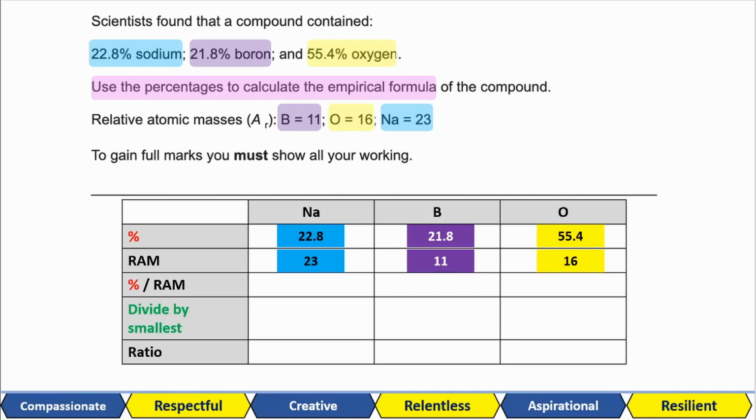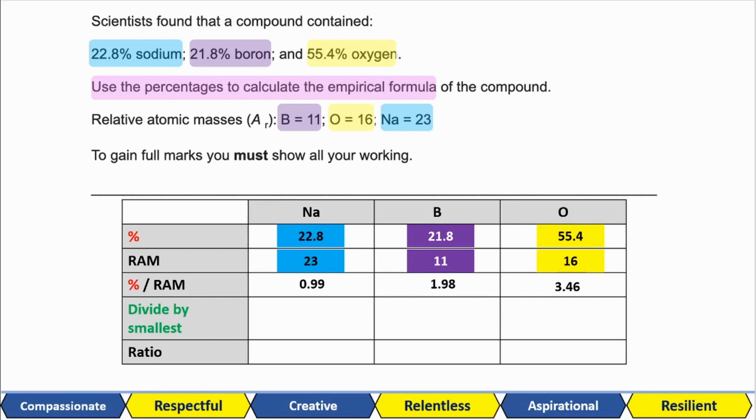So sodium is 22.8 divided by 23, which is 0.99. I had more digits in my calculator, but 2 decimal places is a good practice. Do not round up your numbers here, okay? Doing the same for boron gives us 1.98 and oxygen is 3.46.